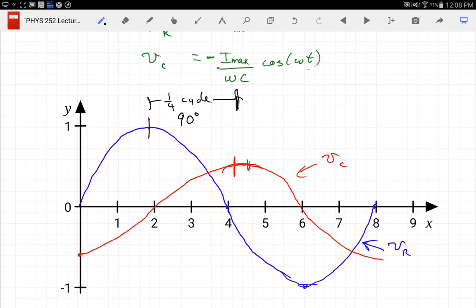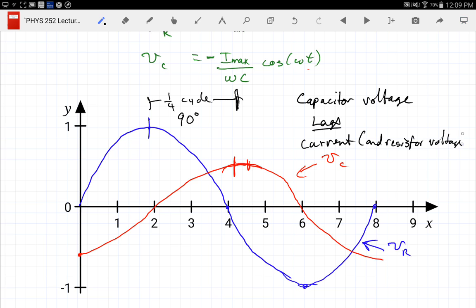And so because of this, we say that the capacitor voltage lags by 90 degrees.